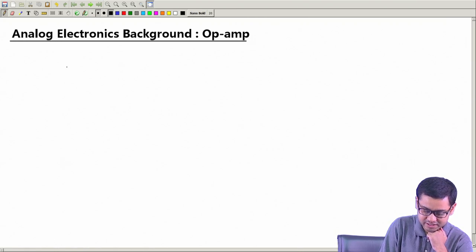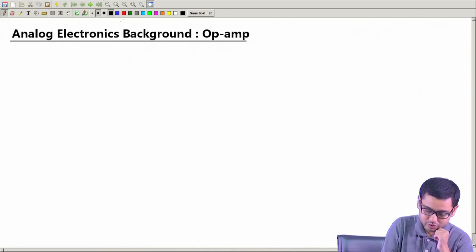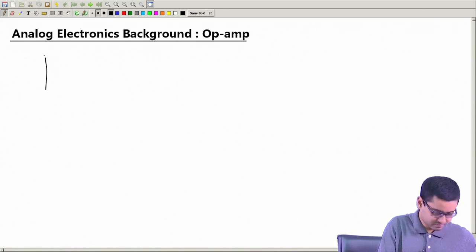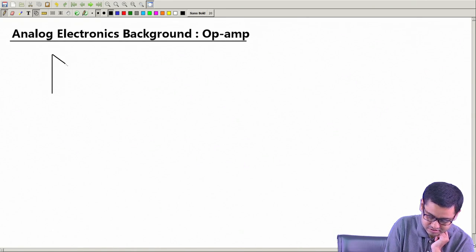An op amp is nothing but an electrical device which has two inputs and one output. We can draw it with a triangle. It has two inputs, which we denote as plus and minus, and one output.